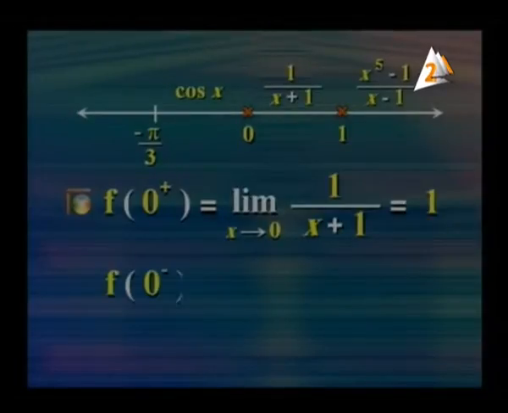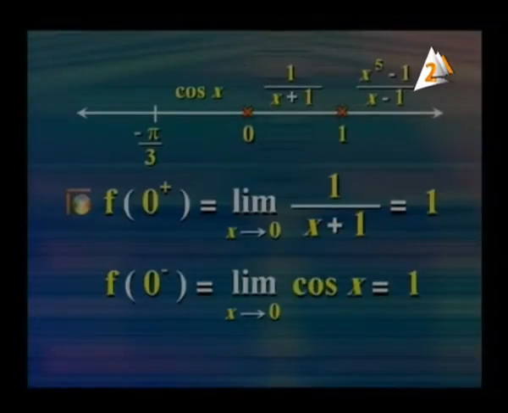f of 0 positive equals limit when x tends to 0 of 1 over x plus 1 equals 1. Substitution about x equals 0, 1 over 1 equals 1. f of 0 negative, substitution about x equals 0 in cosine x. What is cosine 0?